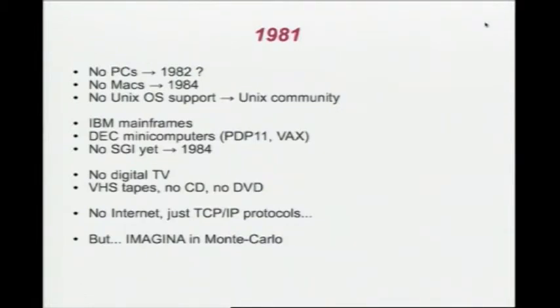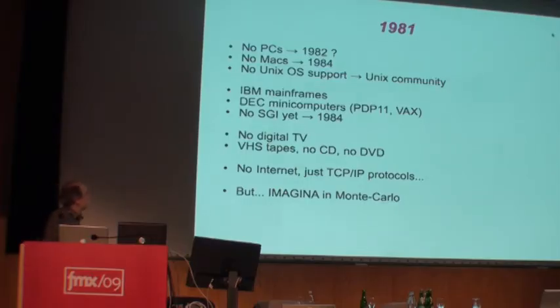And the minicomputer which has really triggered the development of 3D computer graphics in the US in the late 70s was the famous PDP-11 from Digital Equipment Corporation. The PDP-11 then was replaced by the VAX, and the VAX family was really the family of machines which has allowed the growth of computer graphics in the US in the late 70s.